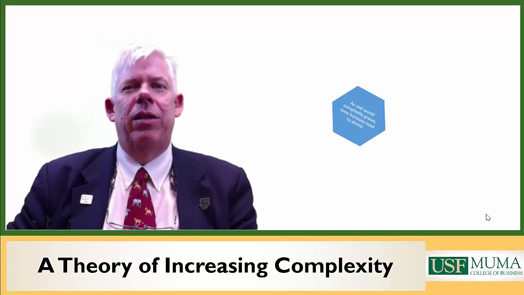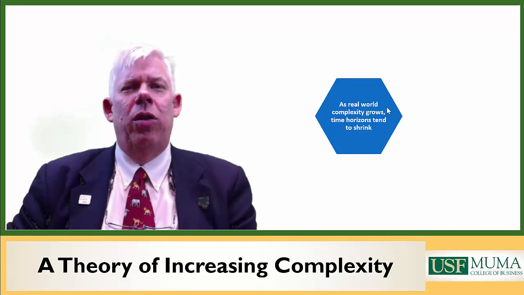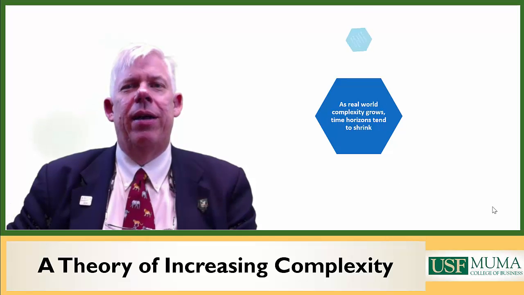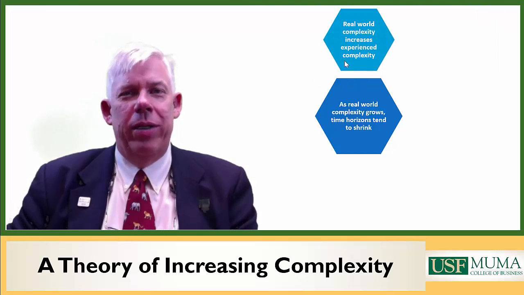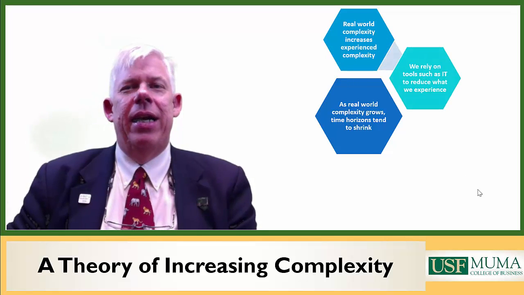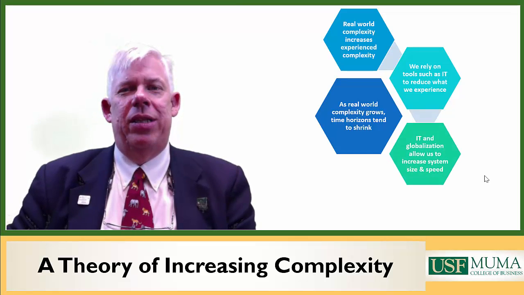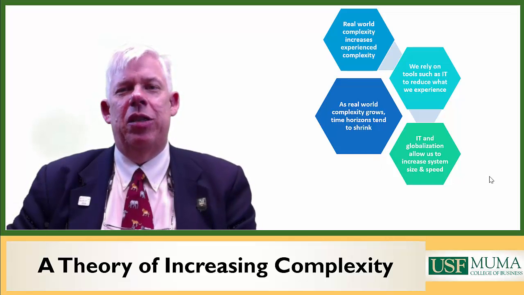So let's sort of frame this in a more formal way. If we take a look, as real-world complexity grows, our time horizons tend to shrink. As real-world complexity increases our experience of complexity, it is going to encourage us to rely on IT and expand our horizons. It allows us to increase both the system size and the speed.